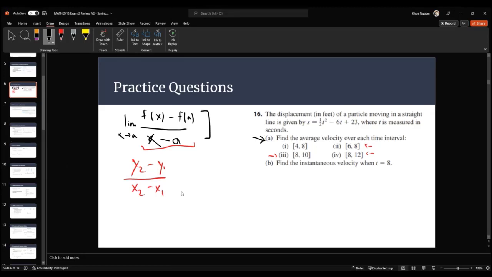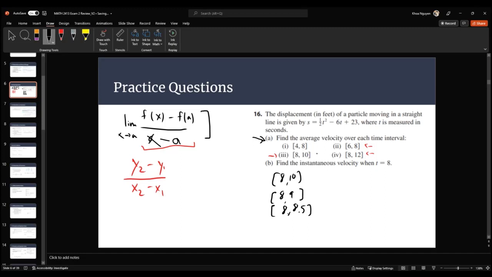Oh, yeah, okay. So I don't know if you saw these problems on your, I think it's called DHW, but oftentimes they ask you to find an average velocity at like the range of like 8 to 10, and they do like 8 to 9, and then maybe like 8 to 8.5. So as you get closer to like a specific number and your range just gets narrower and narrower, this actually approaches like an instantaneous velocity.